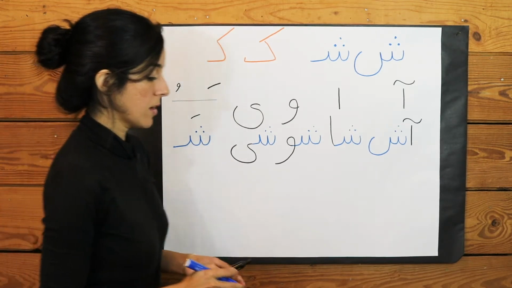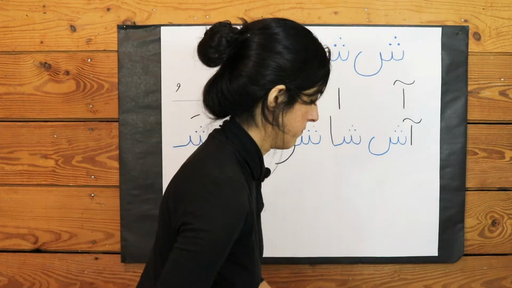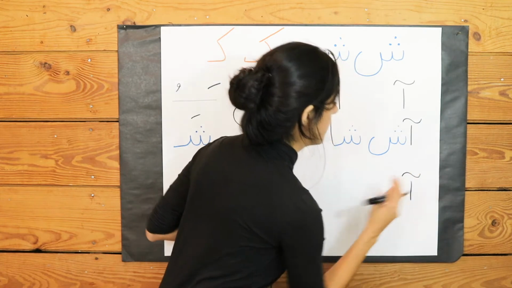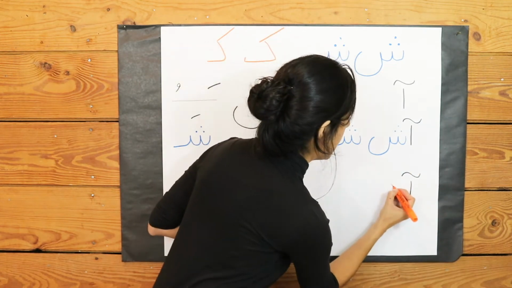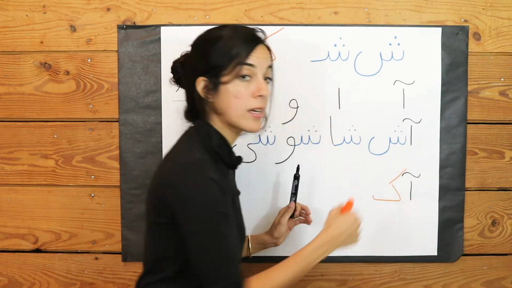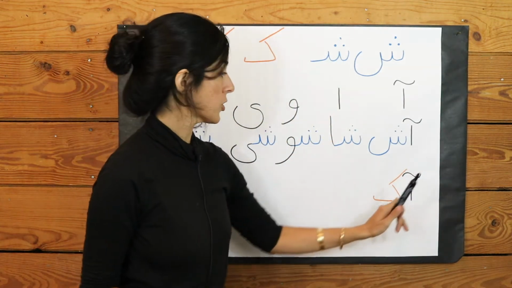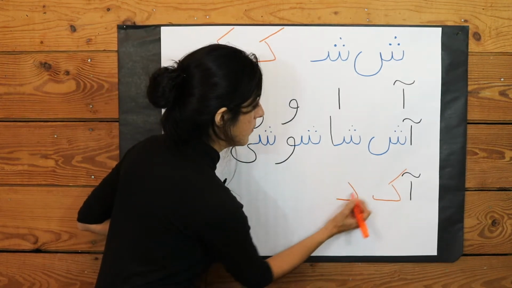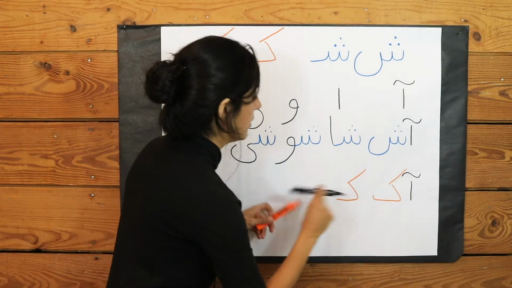So next are ke, an a with the ke afterwards. And if you have an a and one of these letters, they don't get connected. So they're both the bozorg version. That's ak. Then a ke with an a afterwards.